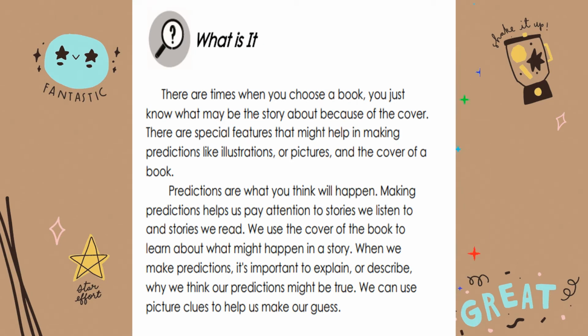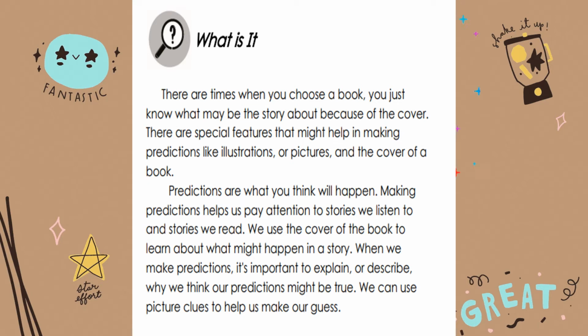For what is it? There are times when you choose a book, you just know what may be the story about because of the cover. There are special features that might help in making predictions, like illustrations or pictures in the cover of a book. Predictions are what you think will happen.